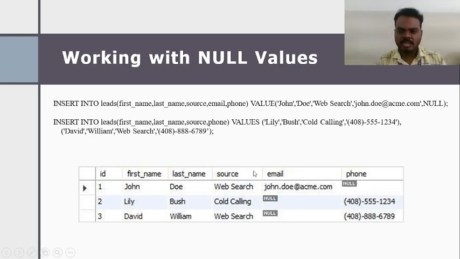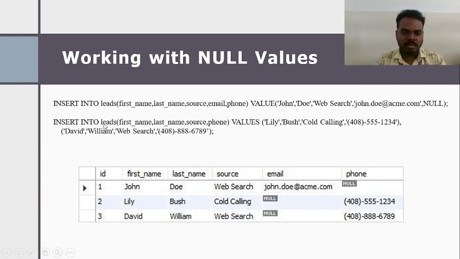The same for the next record. In SQL Server, if you do not enter a value for a column with a NOT NULL constraint, it will throw an error. In MySQL, it will neglect that error and update the column as null. This is the major difference between SQL Server and MySQL.